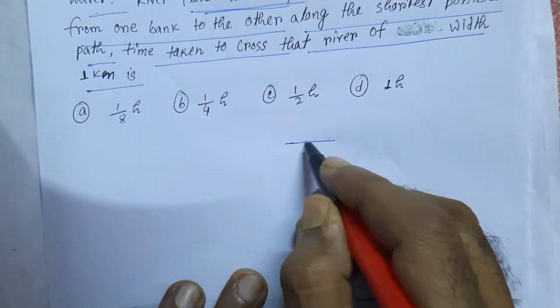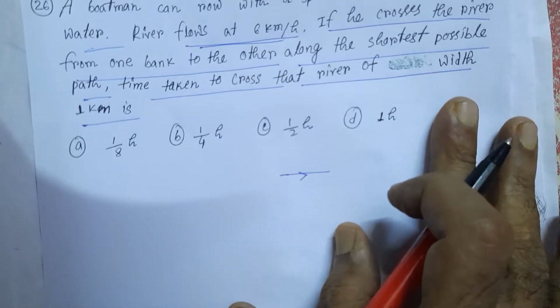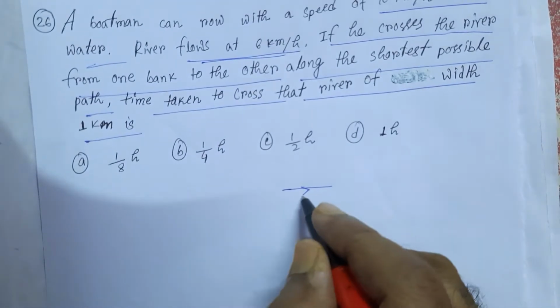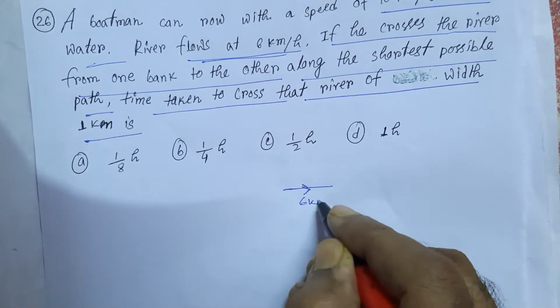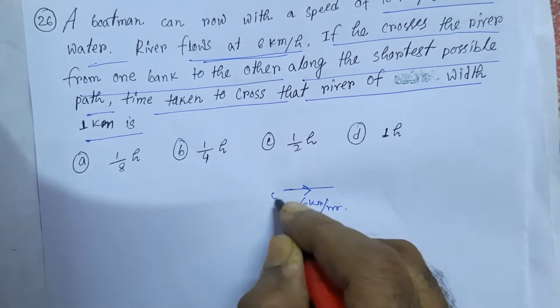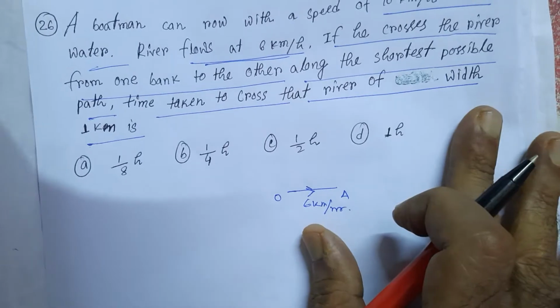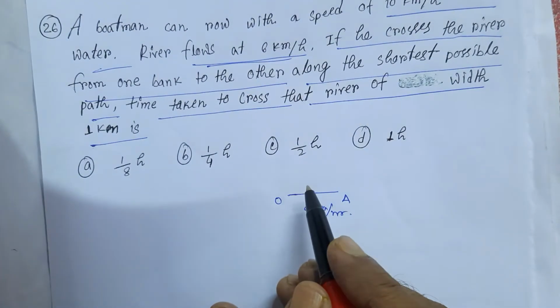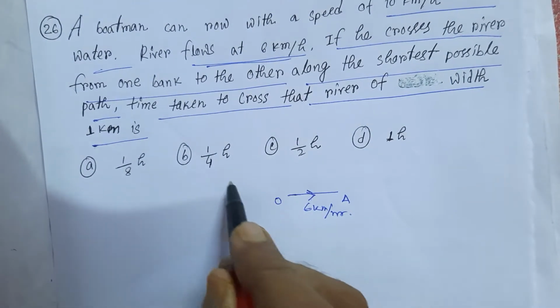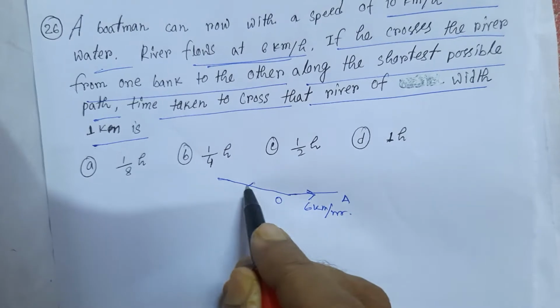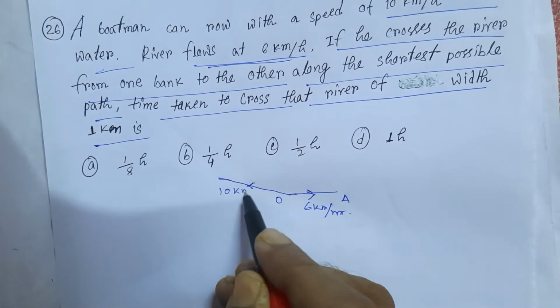Here, the velocity of the river flow is 6 km per hour. It is represented by vector OA. And the speed of the boat is 10 km per hour.